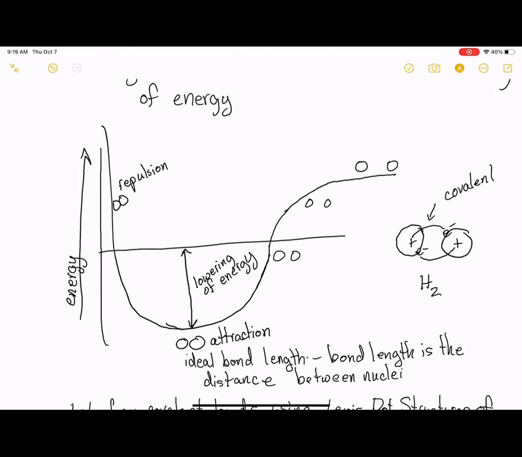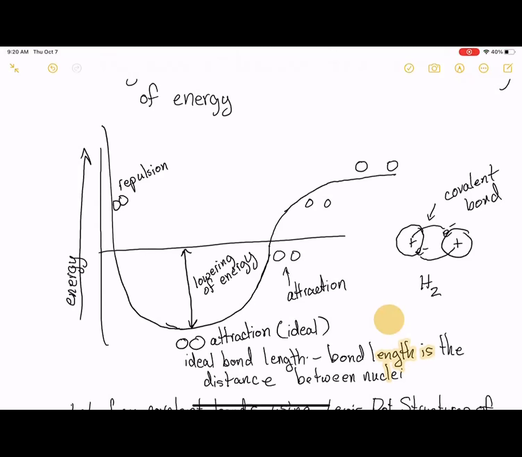It is an attraction. And so when we talk about these atoms coming together, as I illustrated in the graph, the reason they're getting closer and closer together is because of that attraction. You're going to have what is considered to be an ideal attraction, where it is the correct distance apart, and it just happens to cause a lowering of energy.